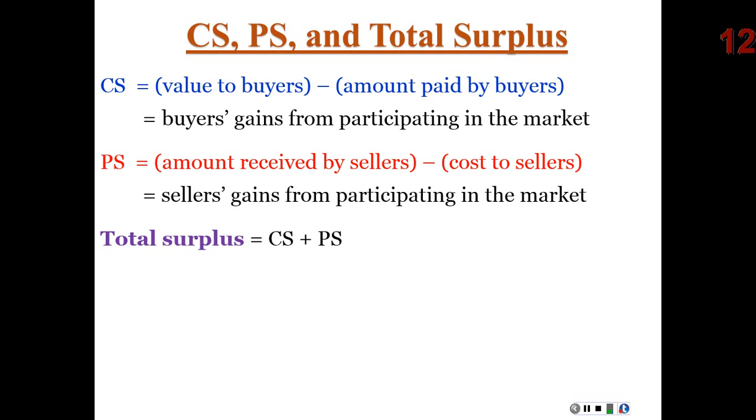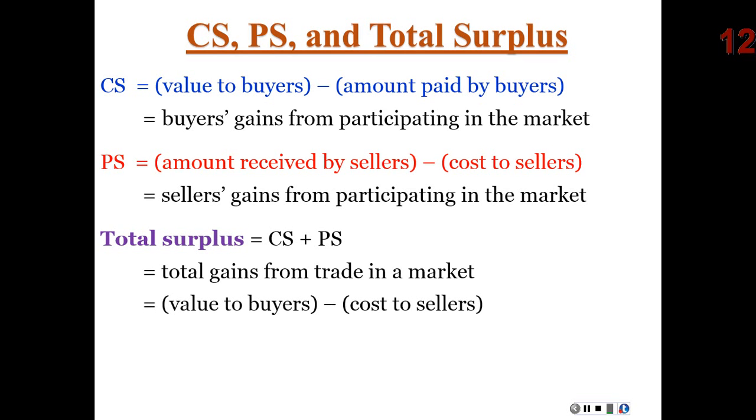Total surplus is simply going to be consumer surplus plus producer surplus. This measures total gains from trade in the market, from buyers and sellers trading and exchanging with each other in a marketplace. Notice that if consumer surplus is the willingness to pay minus the price, plus the price minus the cost to sellers, we can eliminate the price term.